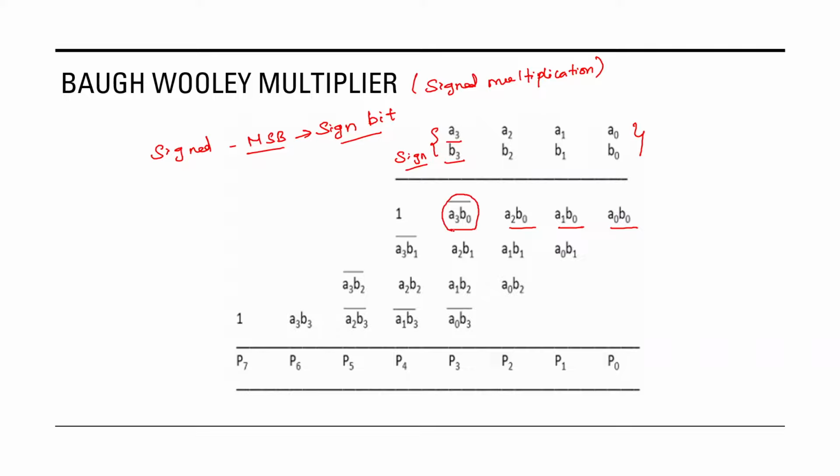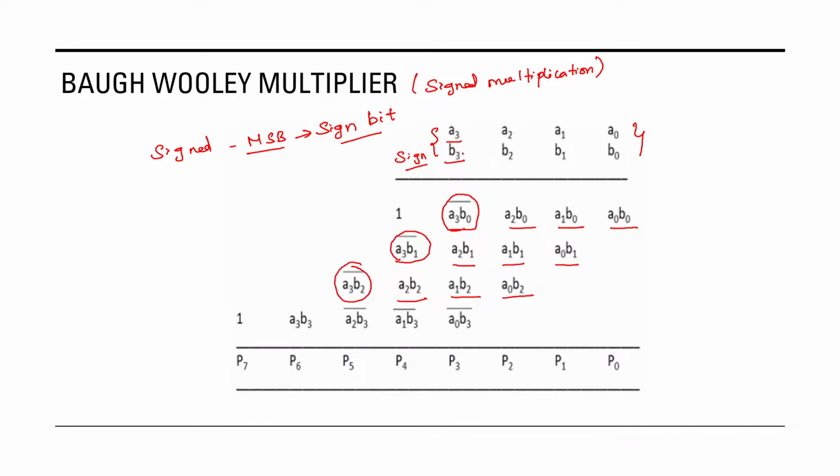Only for the sign bit alone we have A3 B0 bar. Likewise B1 A0 is normal, B1 A1 normal, B1 A2 normal. But here A3 is the sign bit, so B1 A3 bar. And then B2 A0 normal, B2 A1, B2 A2. But since A3 is once again the sign bit, B2 A3 bar.